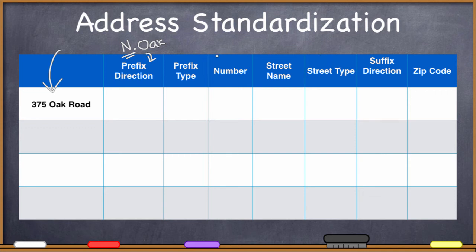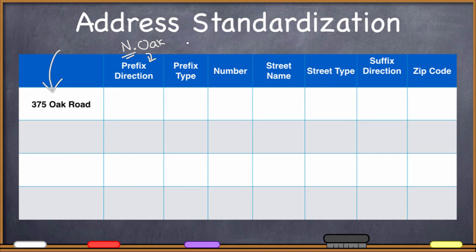Okay, so what is prefix type? Well, the prefix type is going to indicate something about the type of the road that comes before the name of the street. So this is anything that comes before the street's name that might give us some kind of indication of the type of the road.